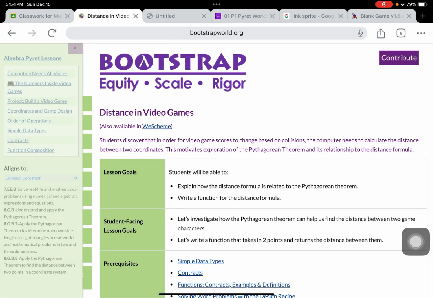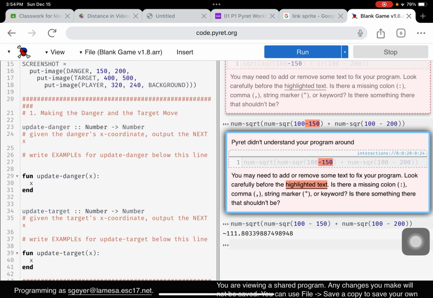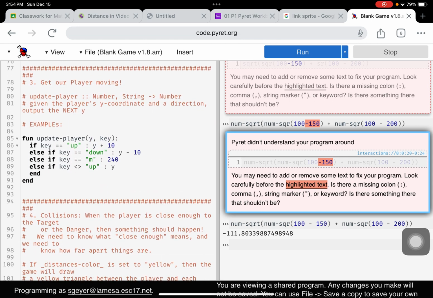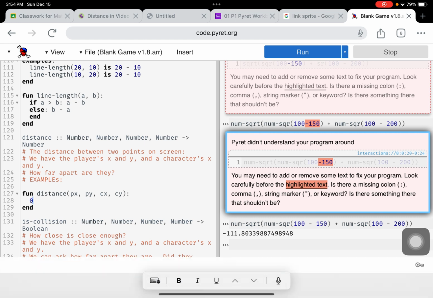So in your distance formula, where the 0 is, you're going to write num-sqrt, and then put num-sqr, and then we're going to subtract the x's.